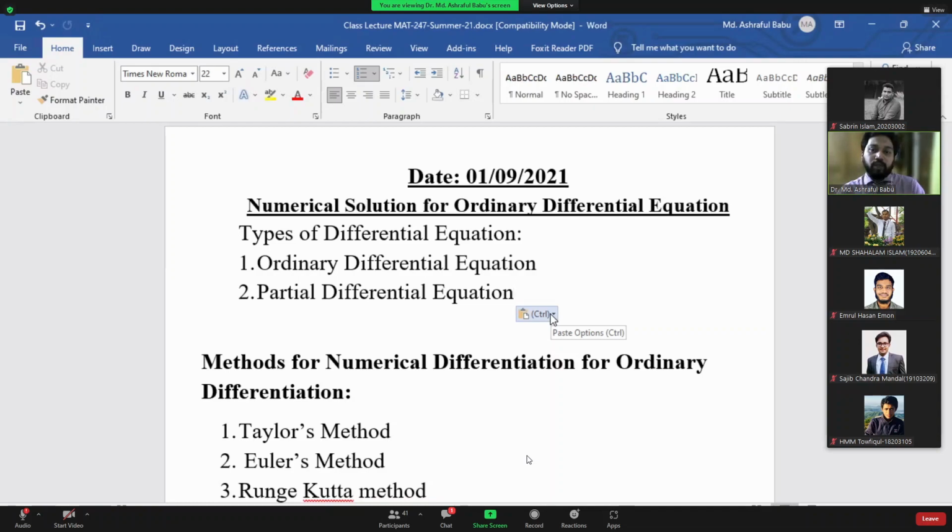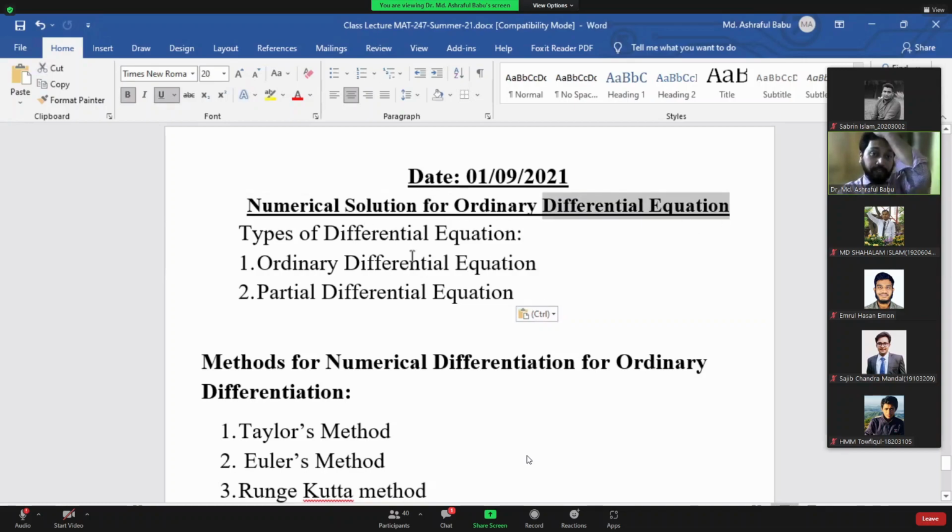The topic of numerical differentiation I will teach you after this topic. So I changed the topic for this class. The topic is how we can solve a differential equation numerically, the numerical solution of ordinary differential equations.